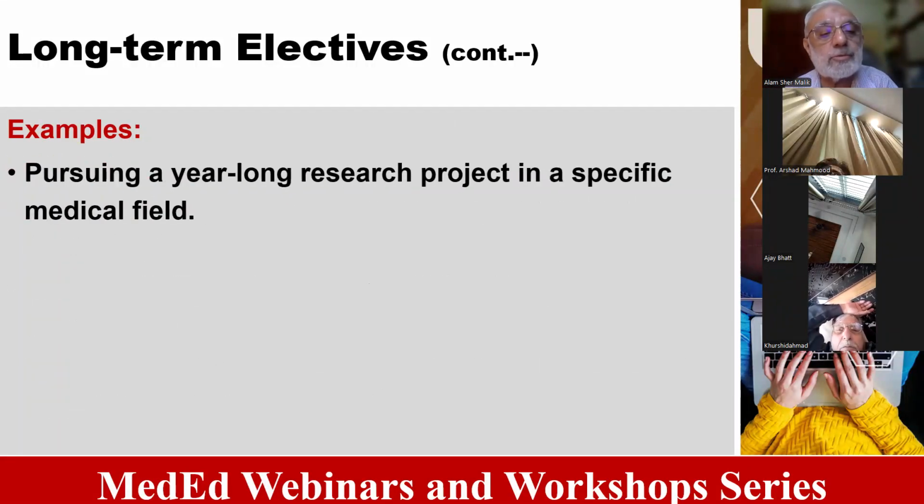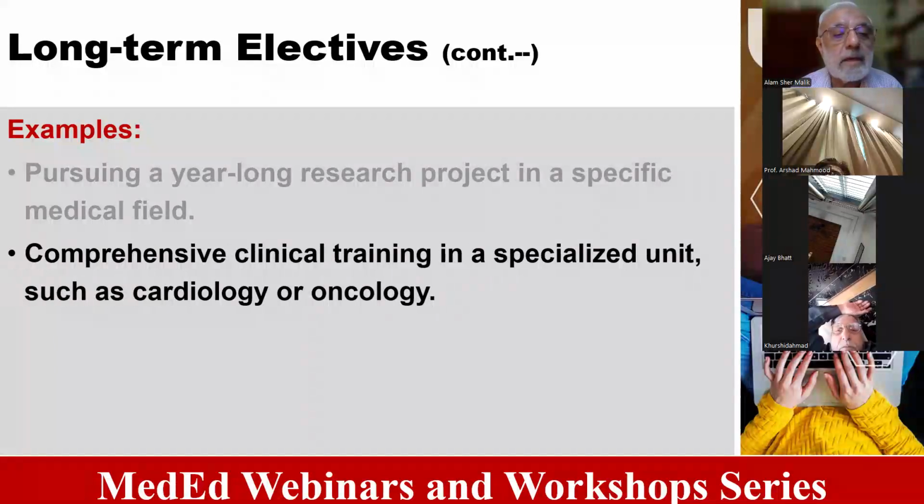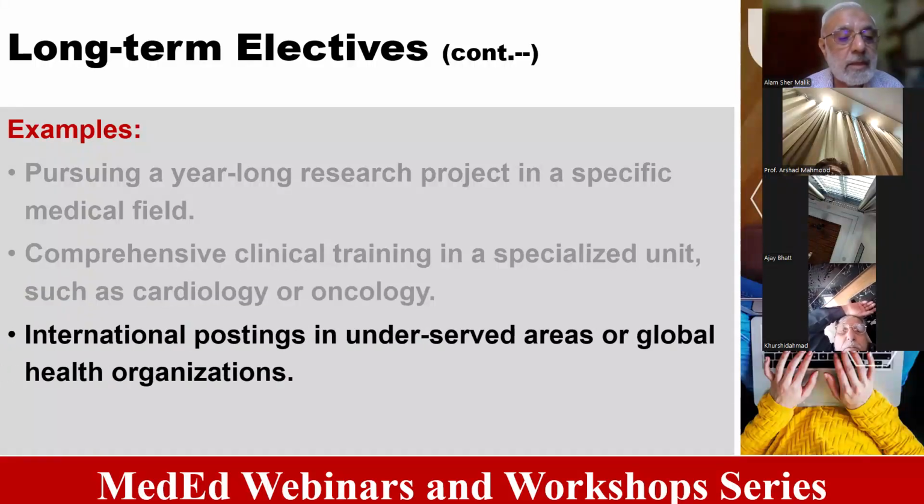Examples include pursuing a year-long research project in a specific medical field, comprehensive clinical training in a specialized unit such as cardiology or oncology, and international postings in underserved areas or global health organizations. I believe that some medical schools in the UK are also doing this kind of electives.